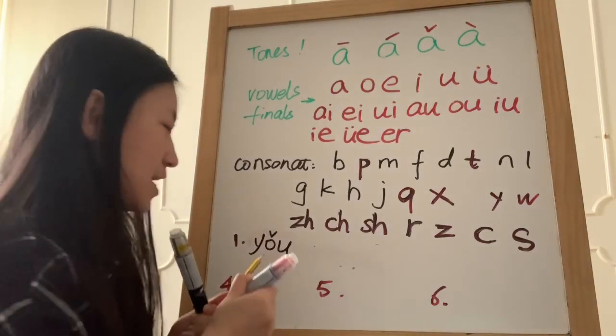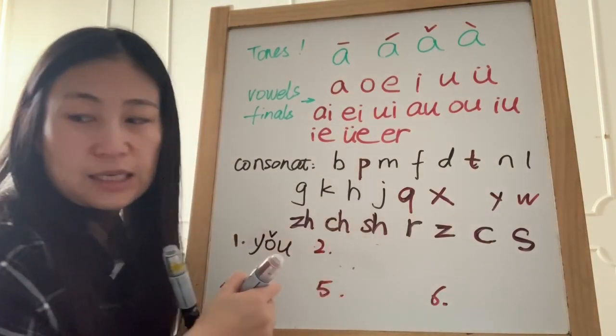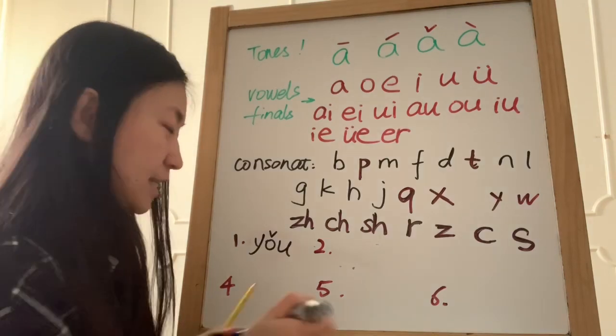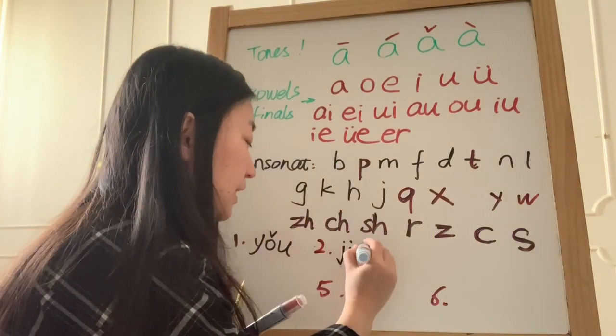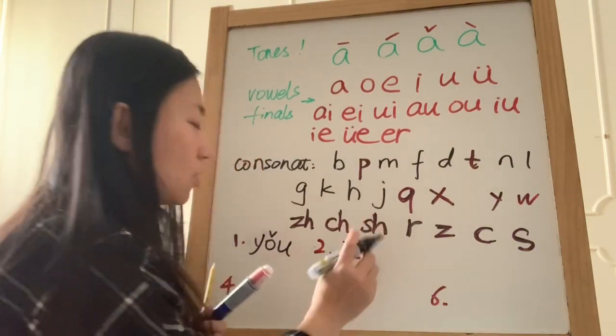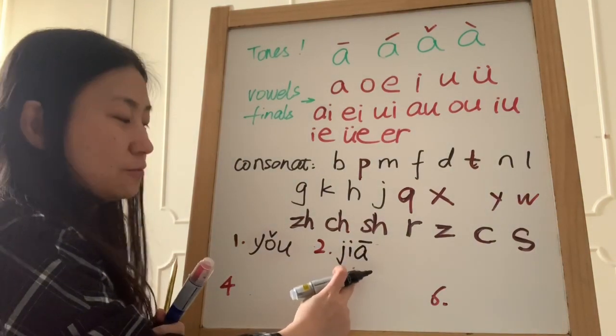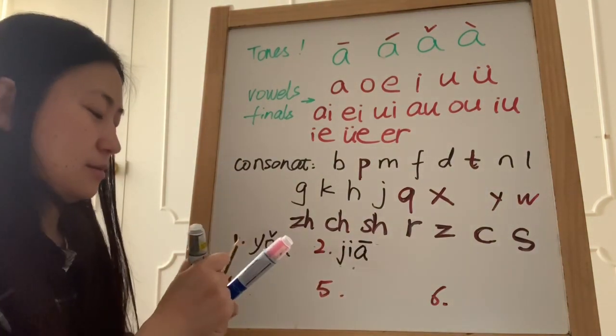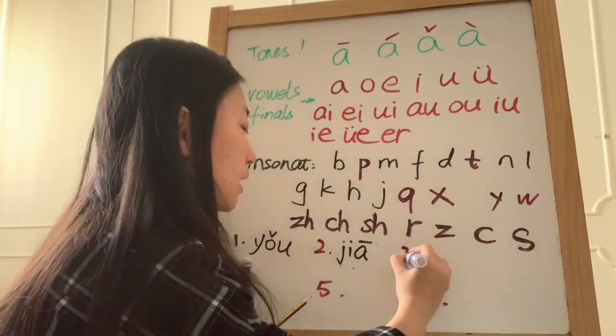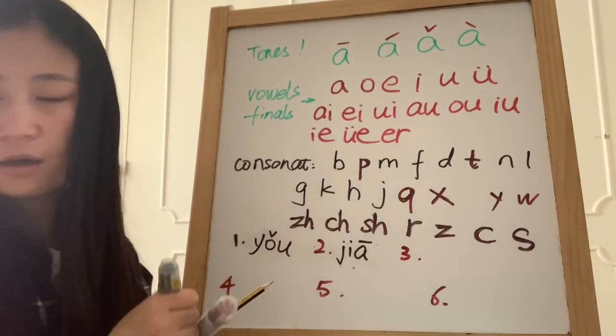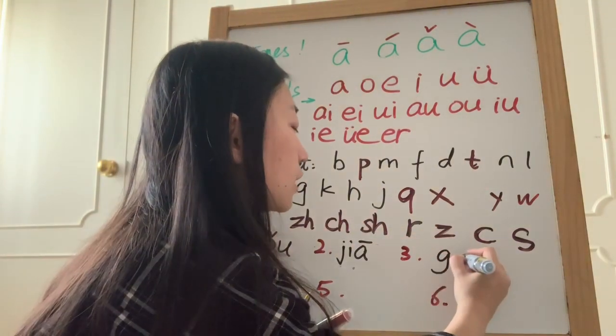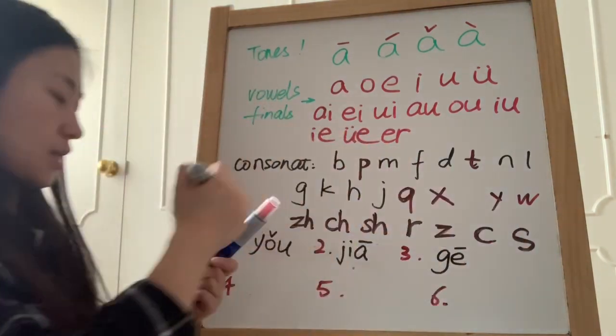Did you get it right? The second one is 家 of 你家有几口人? Did you put the tongue in the right place? And then the third one is 歌 of 哥哥.